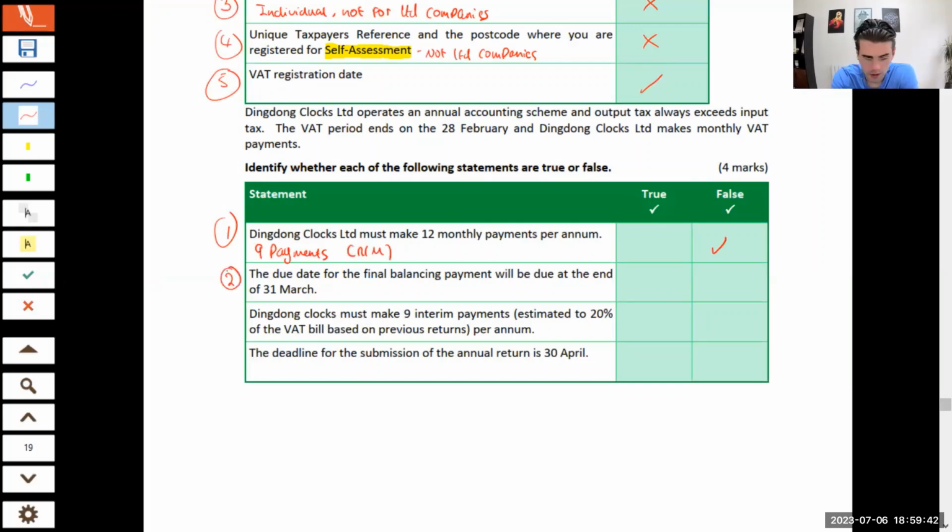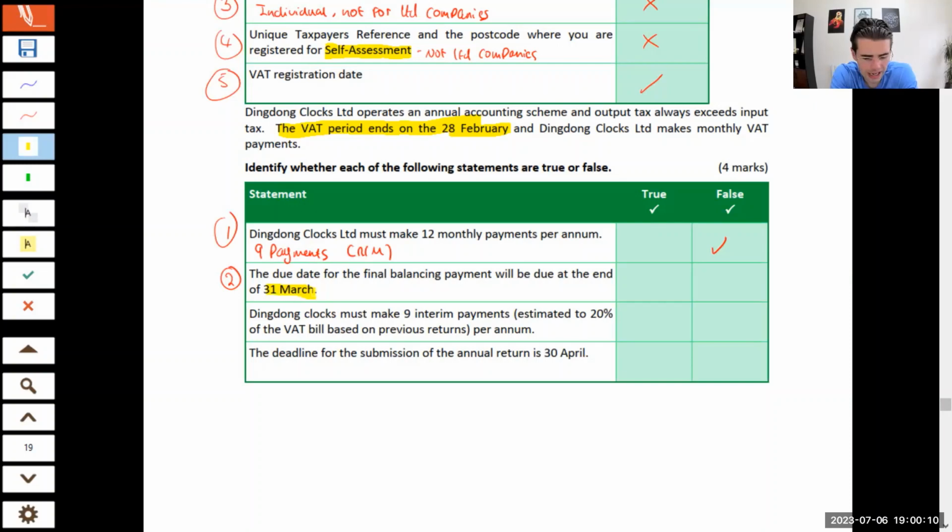Number 2, the due date for the final balancing payment will be the 31st of March. So they're saying the period ends on the 28th of February, and I'm saying here that it will be due on the 31st of March. I can see people have immediately spotted this and said, oh, no, that's false. Well, let me turn the screw on you a little bit.